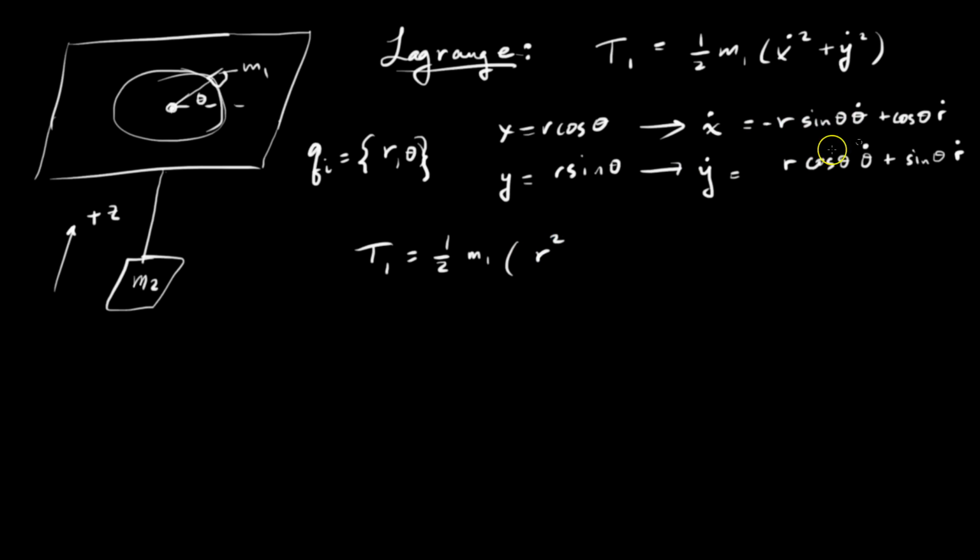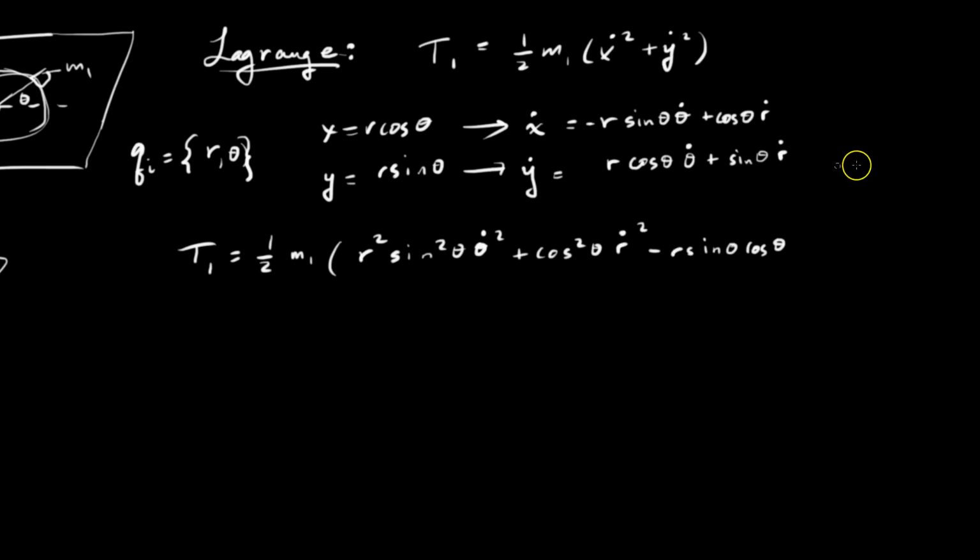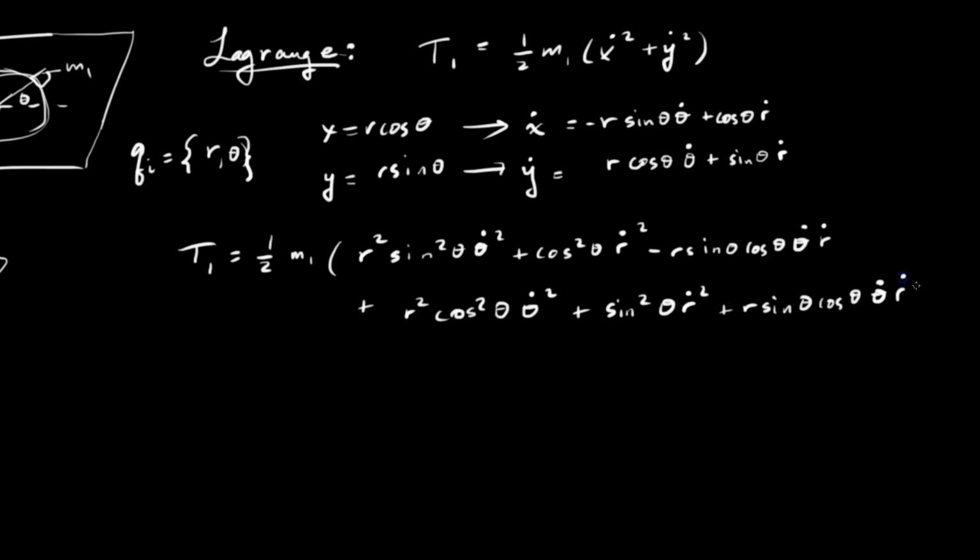First term is going to be r squared sine squared theta, theta dot squared, plus cosine squared theta, r dot squared, and then we have an overlap minus r sine theta, cosine theta, theta dot, r dot, and then we have the second term plus r squared cosine squared theta, theta dot squared, plus sine squared theta, r dot squared, plus, and then the overlap r sine theta, cosine theta, theta dot, r dot, right?